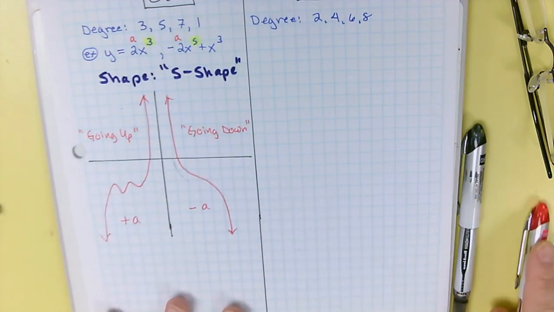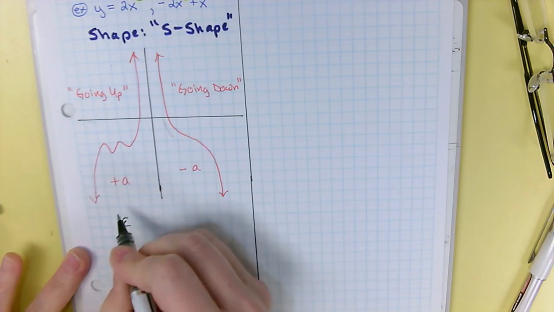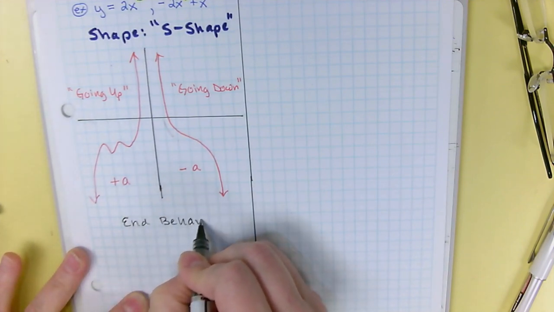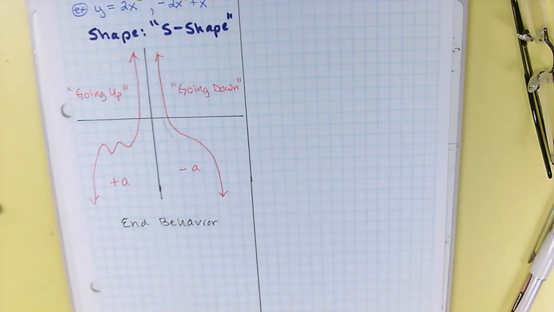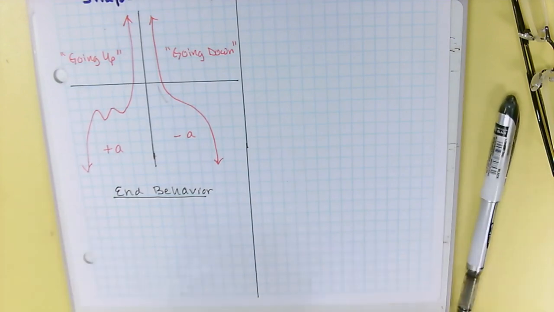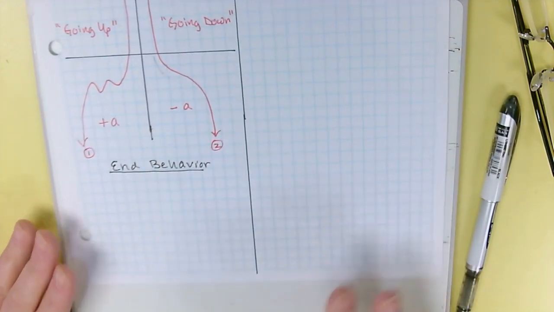It might be smooth. Using the odd function, we can talk about end behavior. For the sake of clarity, I'm going to number that curve 1 and that curve 2.